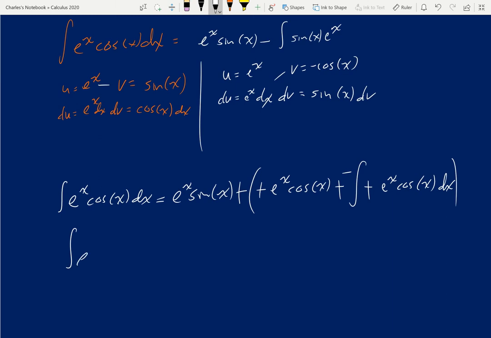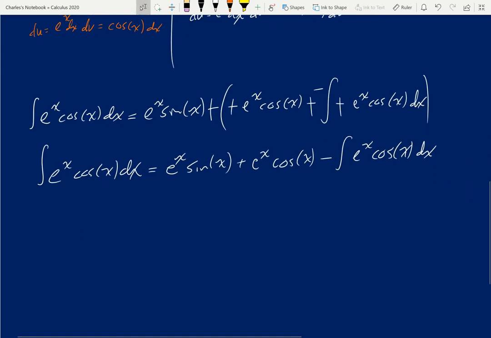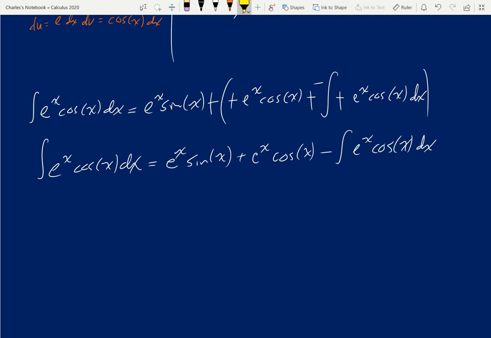So I get the integral of e to the x cosine of x dx is equal to e to the x sine of x plus e to the x cosine of x minus the integral of e to the x cosine of x dx.